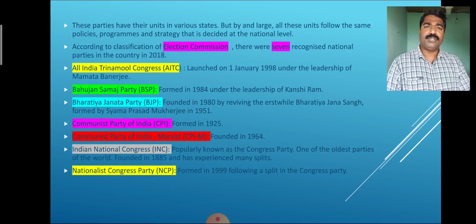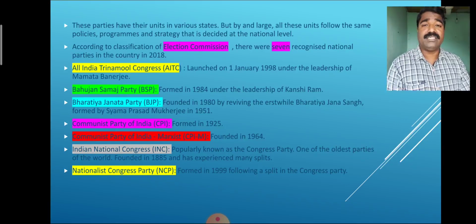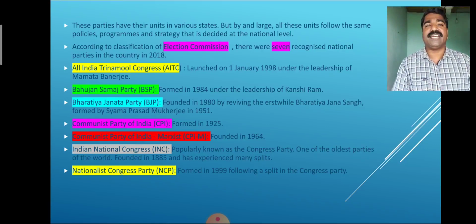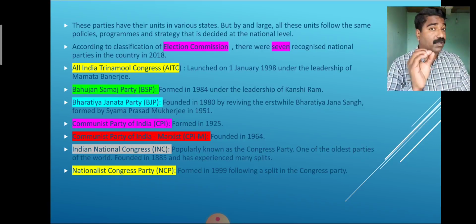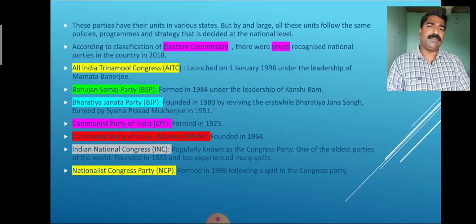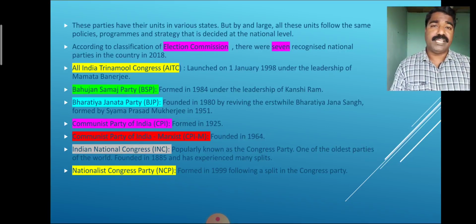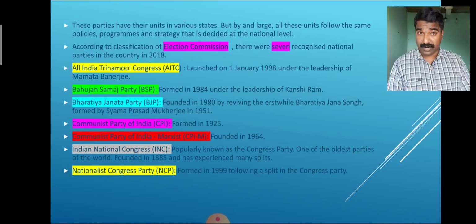First one, All India Trinamool Congress, AITC, launched on January 1st, 1998 under the leadership of Mamata Banerjee. Then the Bahujan Samaj Party, BSP, formed in 1984 under the leadership of Kanshiram.